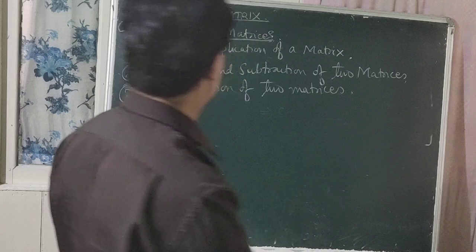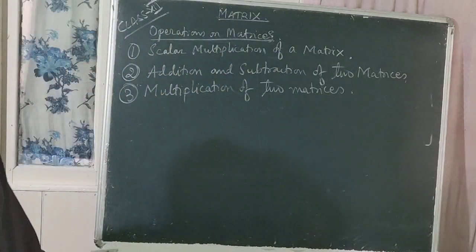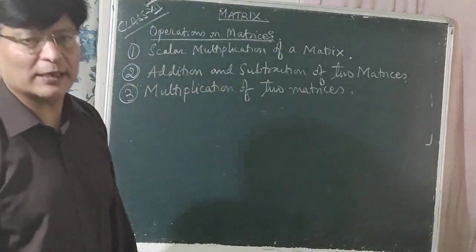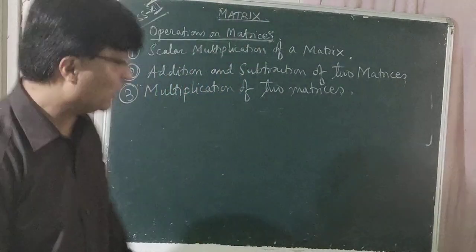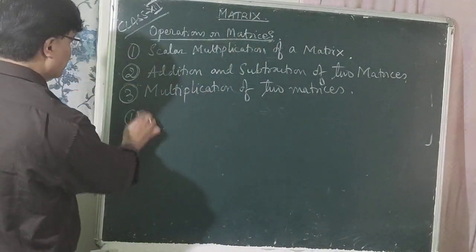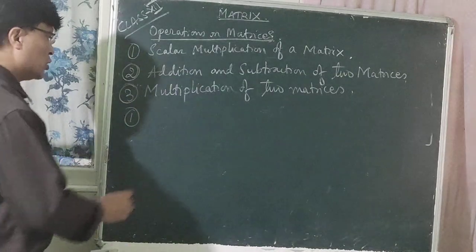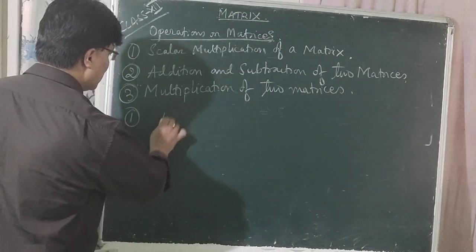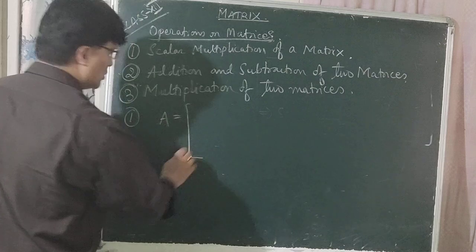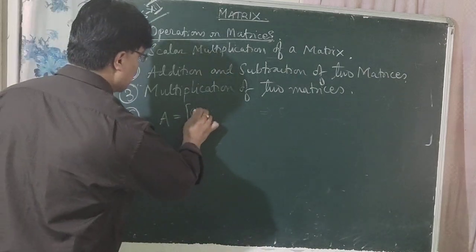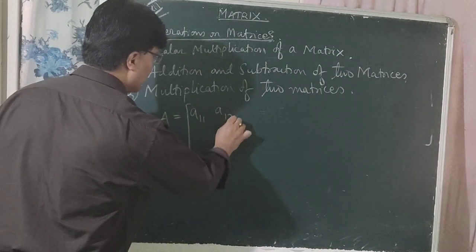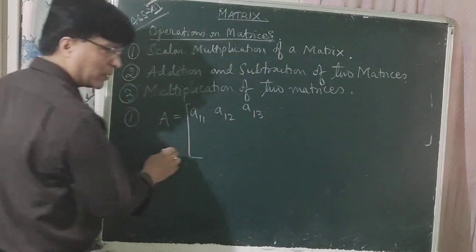Now let us discuss the first point, scalar multiplication of a matrix. Suppose you have the matrix A equal to A11, A12, A13.